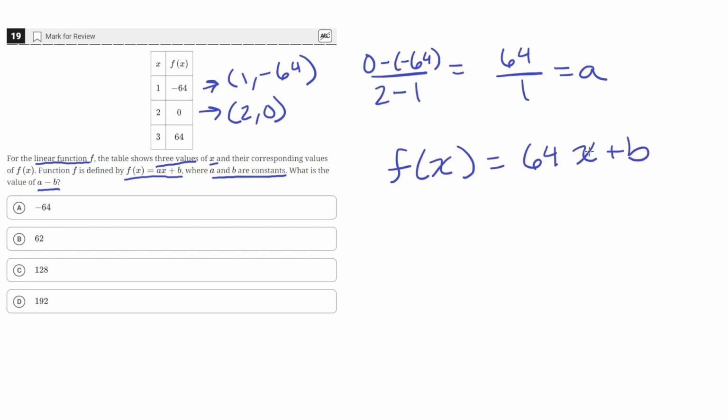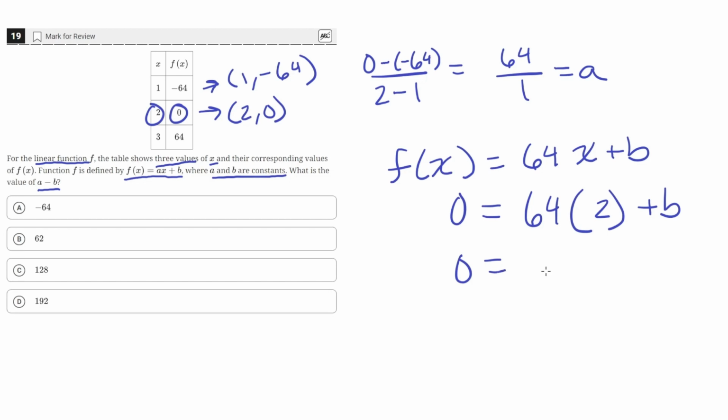But we know that for an x value of, say, 2, the f of x value is 0. So f of x is 0 when 64 times 2 plus b. So then 0 equals 64 times 2, which is 128, plus b. So then b is equal to negative 128.